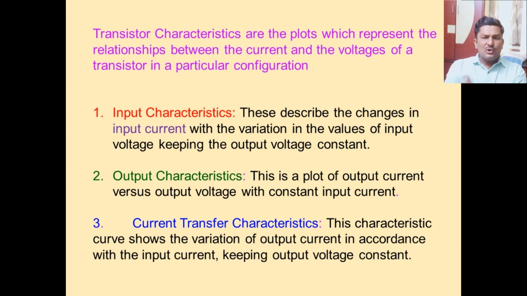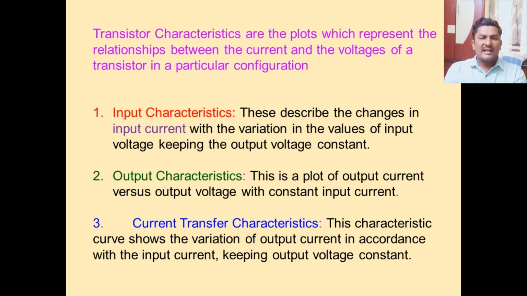To observe the input characteristics of a transistor, the output voltage should be kept constant. To observe the output characteristics, the input current should be constant. And to observe the current transfer characteristics, the output voltage is kept constant.